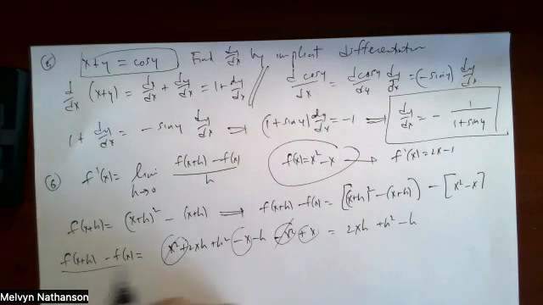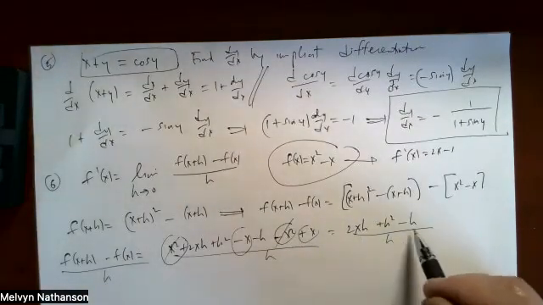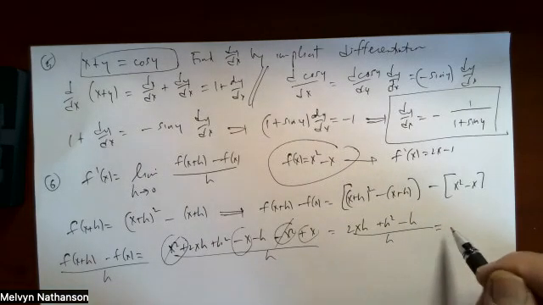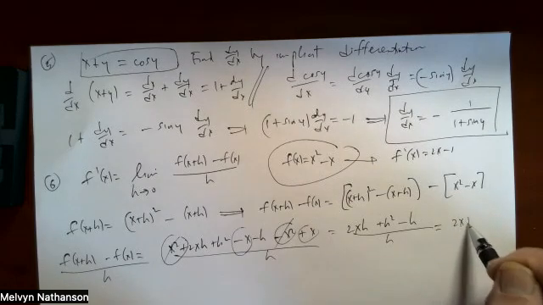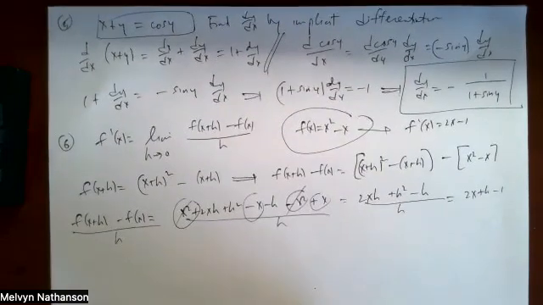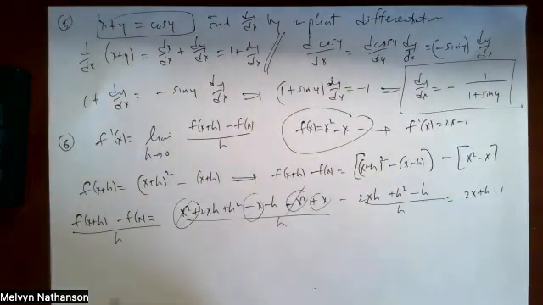And I'm taking this and I'm dividing it by h. So I can factor an h out of the numerator and divide by h. What I get is 2x plus h minus 1. Factor out an h and cancel.